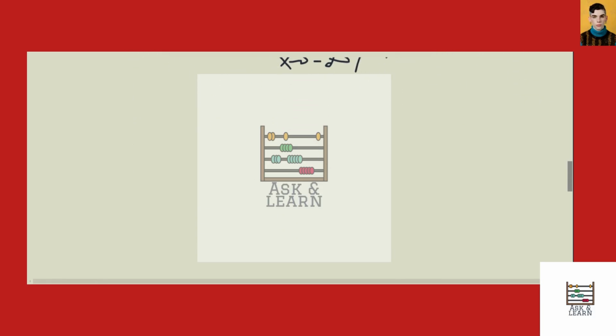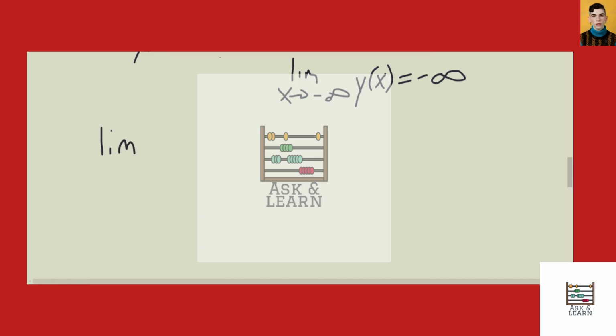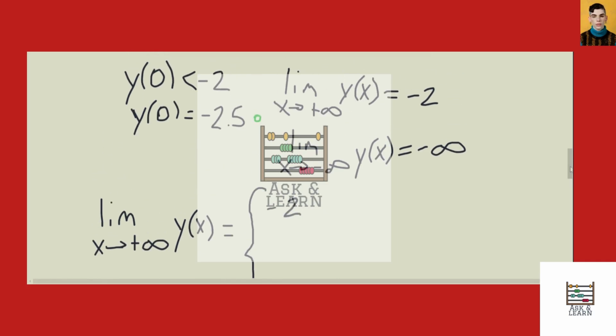To summarize, the limit as x approaches positive infinity of y of x is equal to negative 2 if we have that our initial condition y of 0 is less than negative 2.